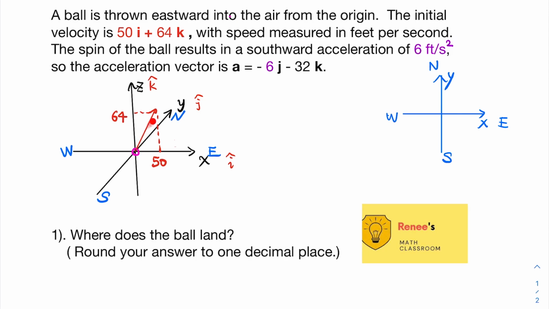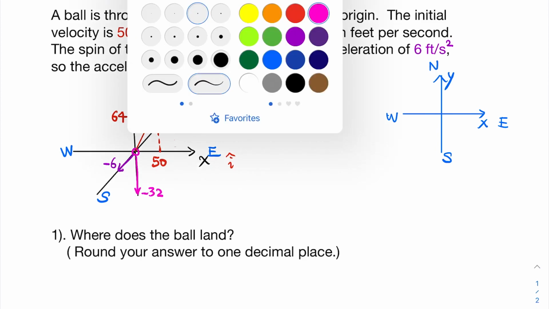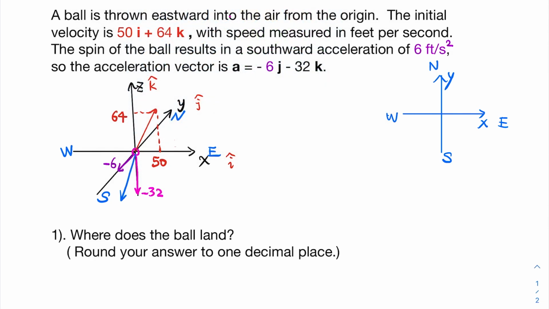The spin of the ball results in a southward acceleration of 6 feet per square second. So the acceleration vector is a = -6j - 32k. It's -6 along the y direction, and -32 along the z direction. So the resulting acceleration is going to be pointing this way.